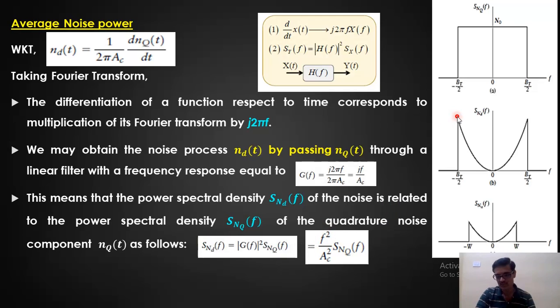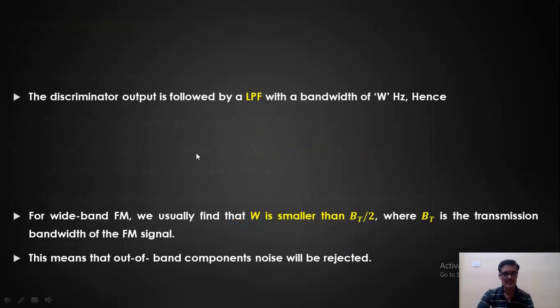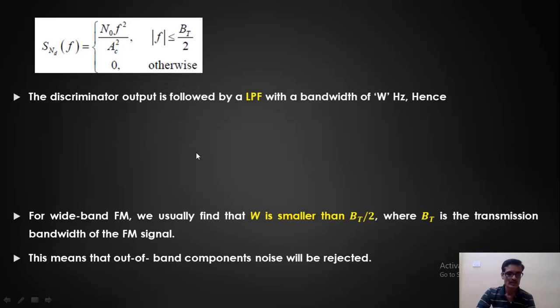That's why you get a response something like this. It's not a linear variation, it's a square of the frequency. Now, in the next slide, I'll substitute that N_0. I have substituted over here because S_nq(f) is N_0, with f squared by A_c squared within the bandwidth of minus to plus B_T by 2.